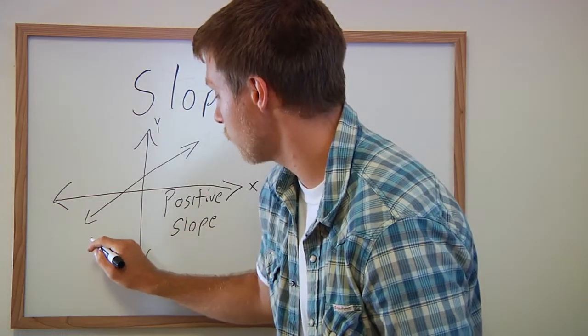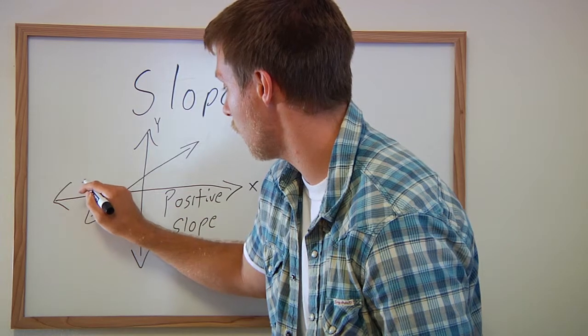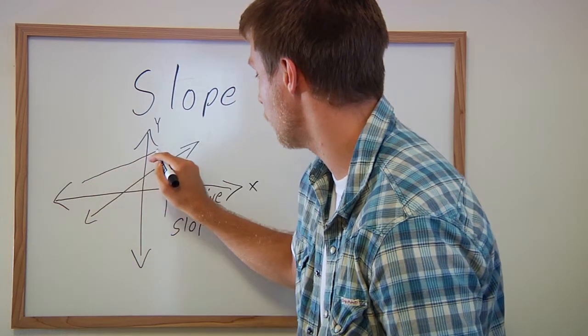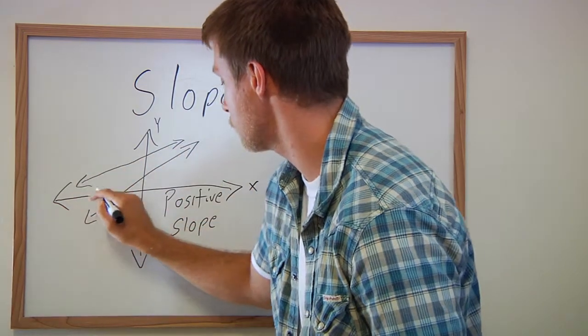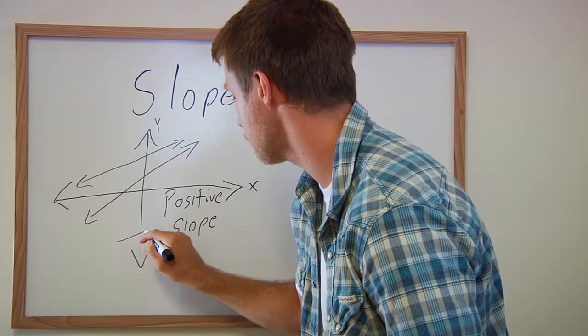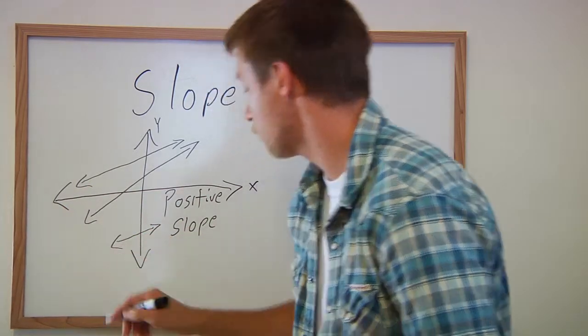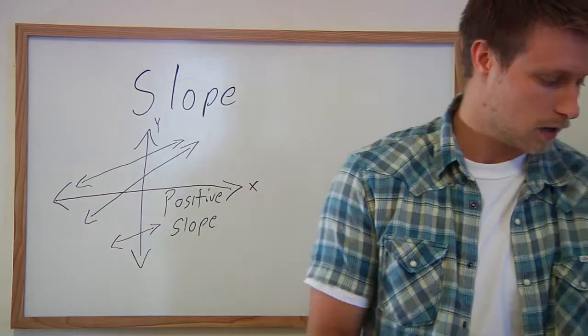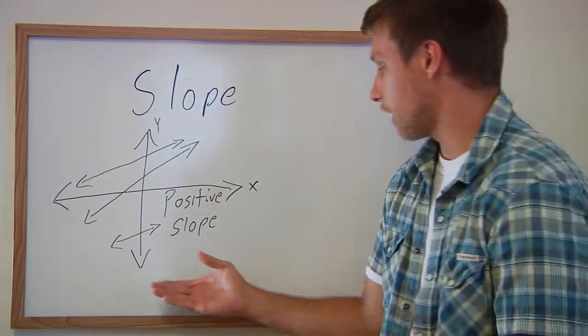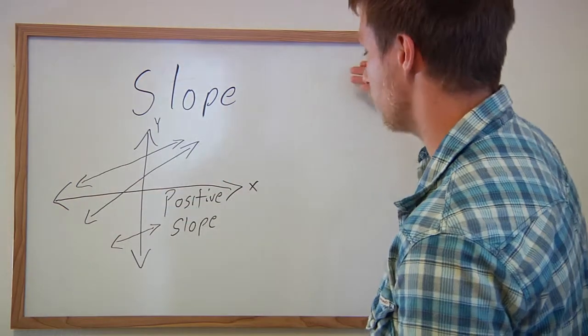Even if we're going at less of an incline but still going up, this is still a positive slope. Even if it has a slight incline, we're still looking at a positive slope. So for a positive slope, we know it goes left to right, going up.